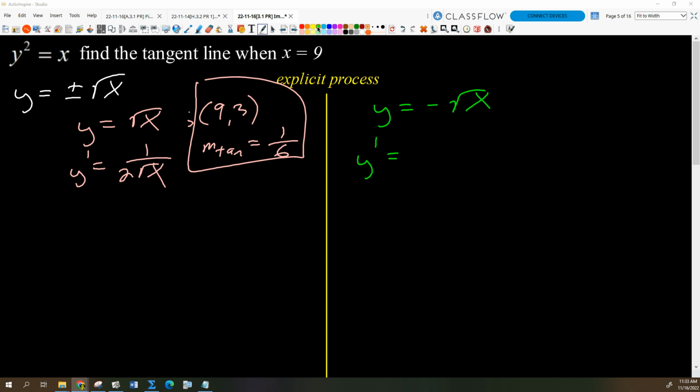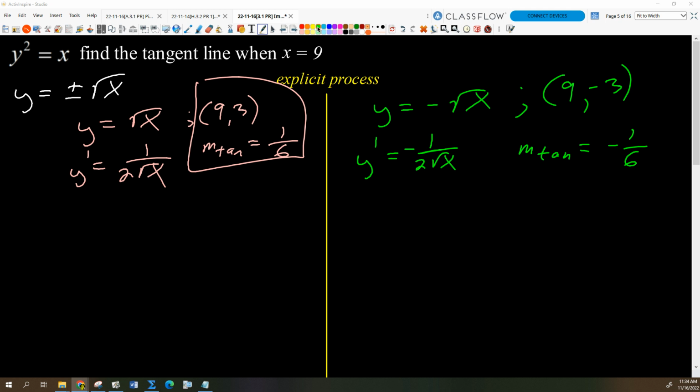Yeah, negative 1 over 2 times the square root of x, right? So what's that give us for our points then? Well, if I plug 9 in for x, I'm going to get negative 3 for y, aren't I? I get negative the square root of 9, which is negative 3. And the slope of my tangent line is just going to be negative 1/6, right?